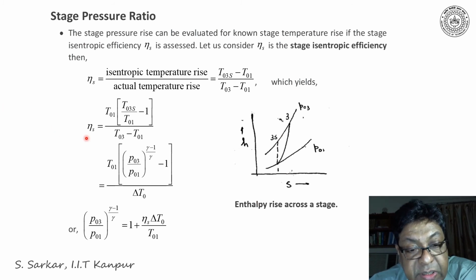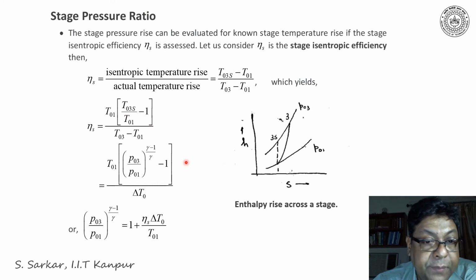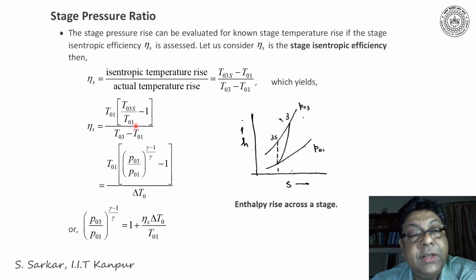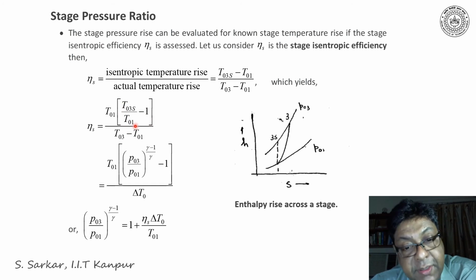T03S is the isentropic temperature rise as indicated here. So, eta S can be written as, let me take common T01 from numerator, so it will be equal to T01 into (T03S divided by T01 minus 1) divided by the actual rise. Now, the ratio of T03S by T01 can be represented as the pressure ratio P03 by P01.